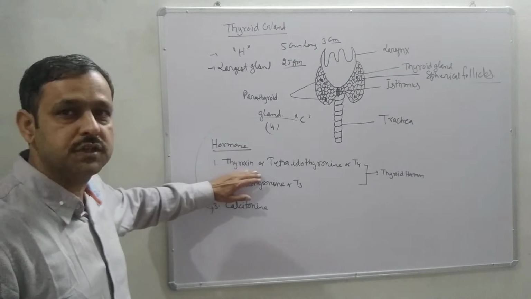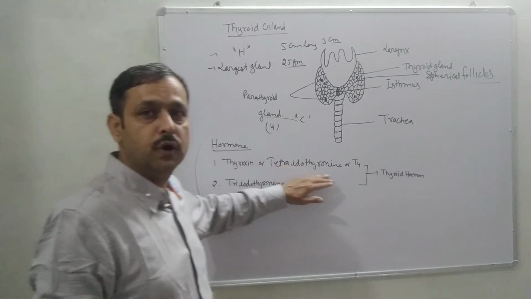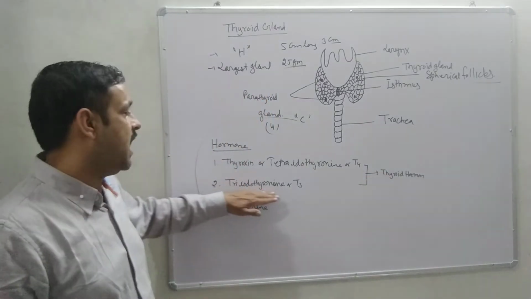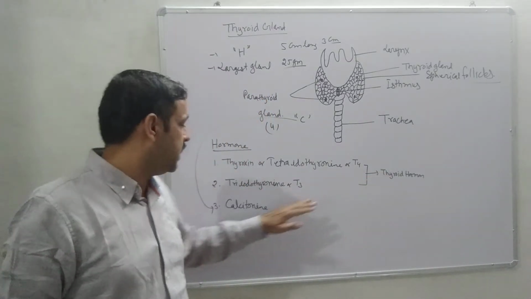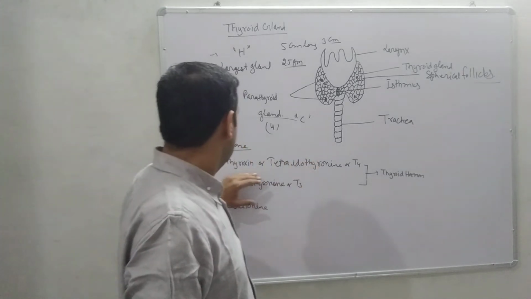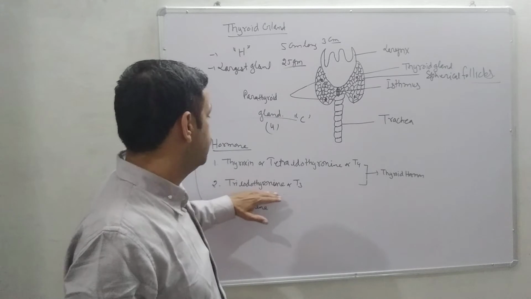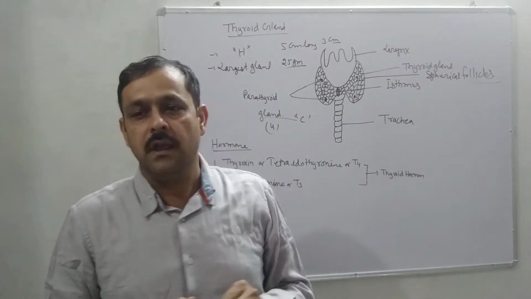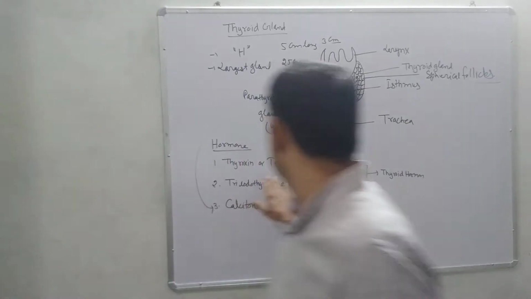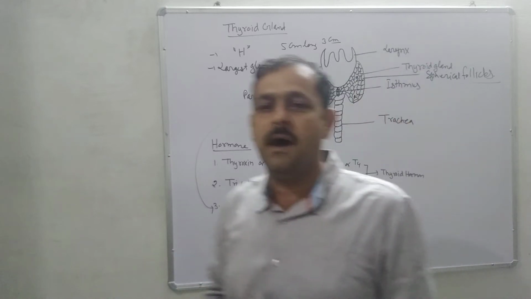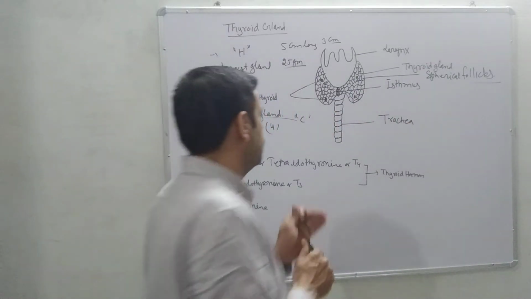Means this gland secretes 3 types of hormone. First of all, thyroxine or tetraiodothyronine or T4. Next, triiodothyronine or T3, and calcitonin. These 2 hormones, thyroxine and triiodothyronine, are jointly called thyroid hormone. Tetraiodothyronine hormone or T4 is formed of iodine and tyrosine.